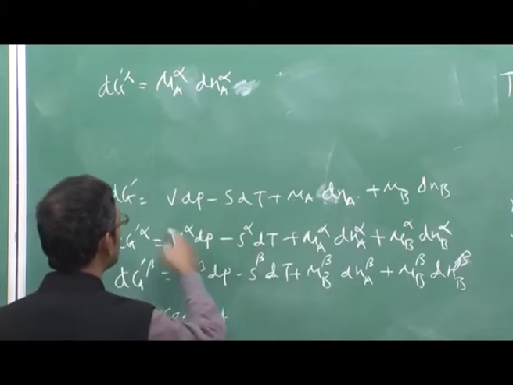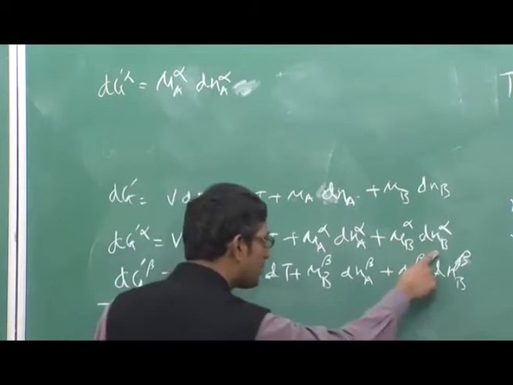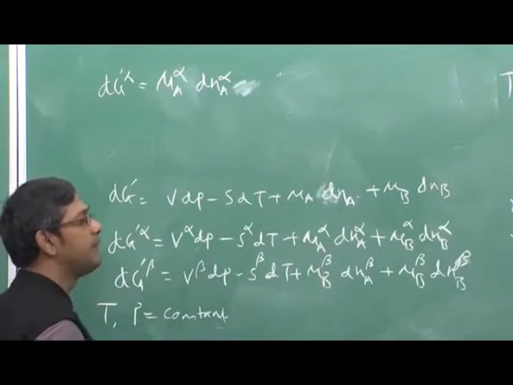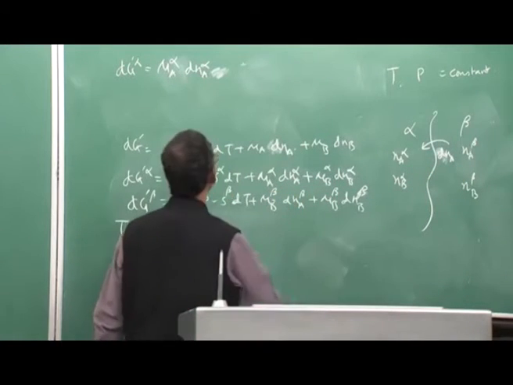We have already assumed the pressure and temperature constant, so dP is 0, dT is 0, dNB is also 0, because no B molecules are getting transported from beta to alpha, only A molecules.